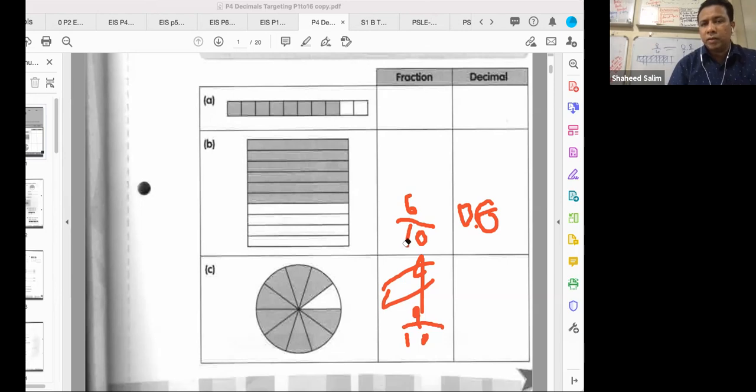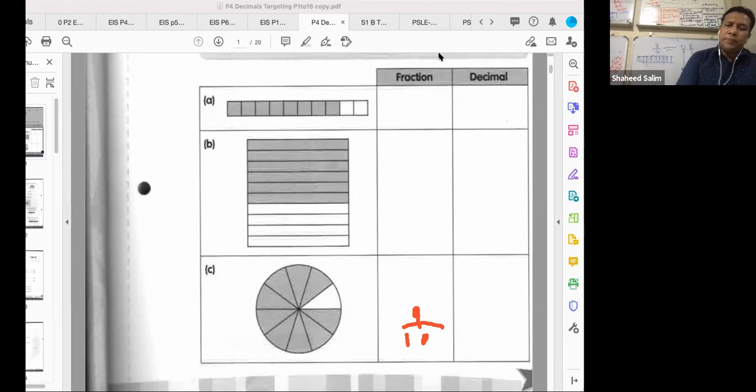Beside it is what? Sorry. Okay, beside it is what? Sorry, you're right. Beside it. 9 over 10. Beside it is 0. You just write now. What point what?